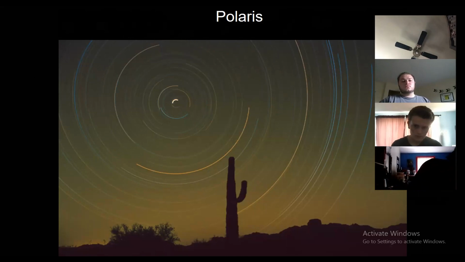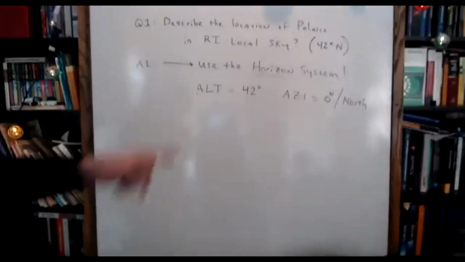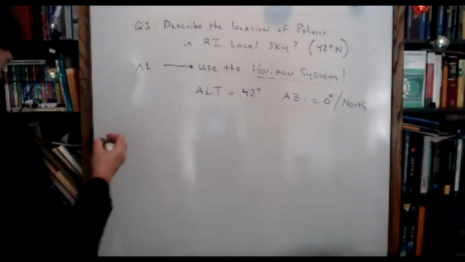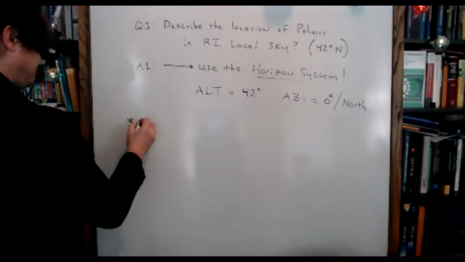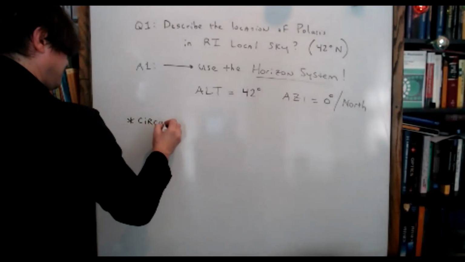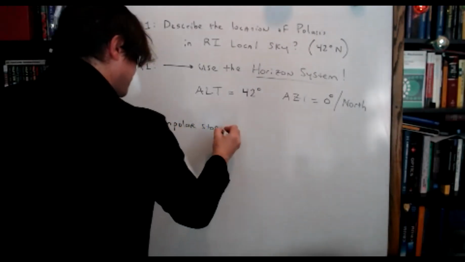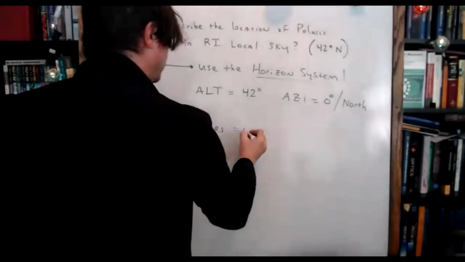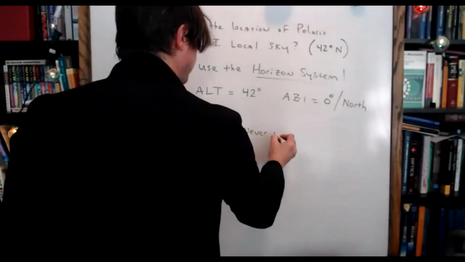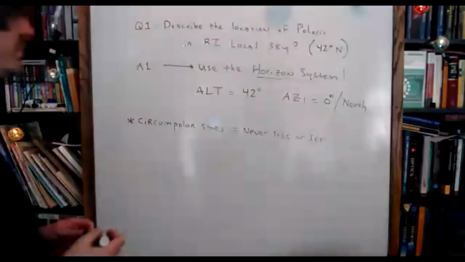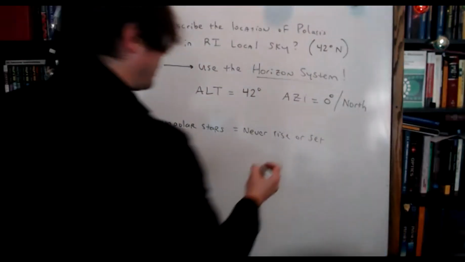A definition of circumpolar stars is that they never rise or set. This is kind of an awkward place to put the definition, but let's go ahead and do it anyways. Circumpolar stars never rise or set because they're so close to Polaris.